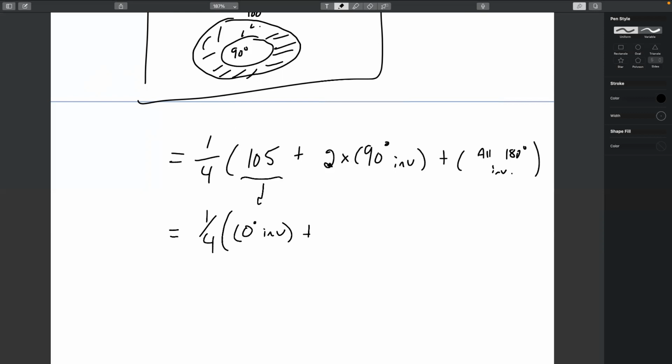So instead of thinking of this as 2 90s, I'll think of it as 1 90 and later on 1 270. And then I've got the 180s here.